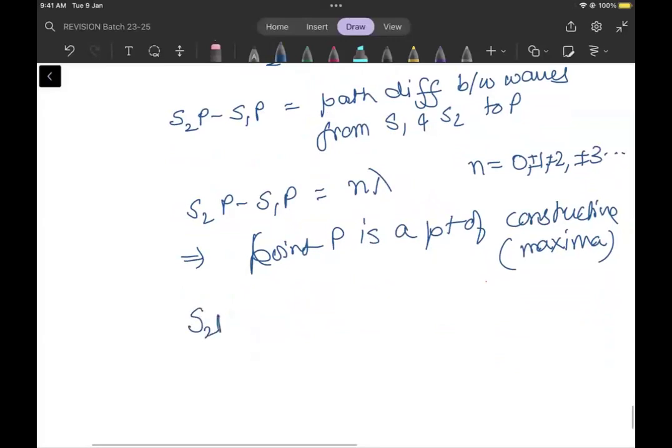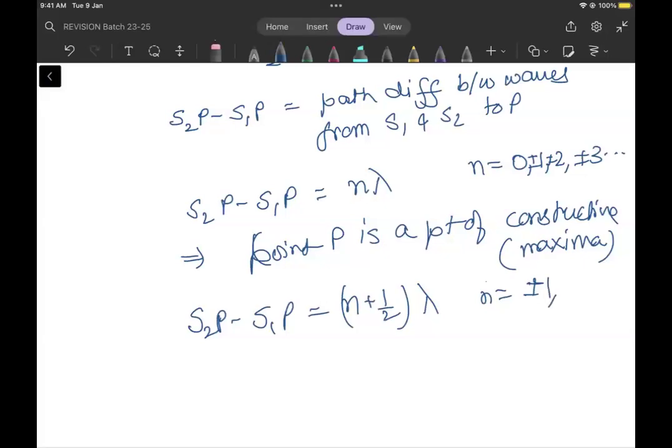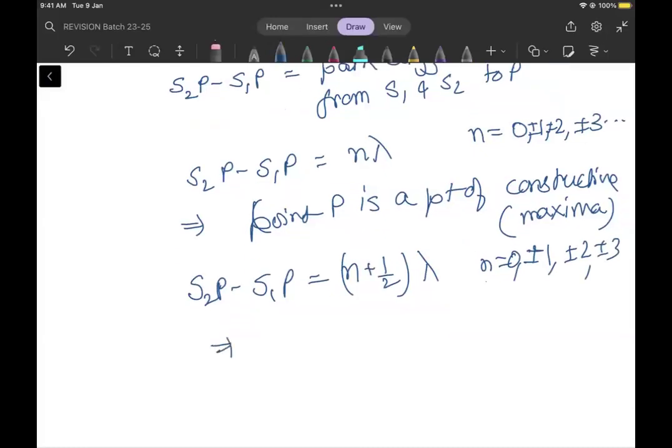And if S2P minus S1P is equal to (n plus half) lambda, again n is equal to plus minus 1, plus minus 2, 0 will also work here, plus minus 3, then in this case point P is a point of minima, destructive interference.